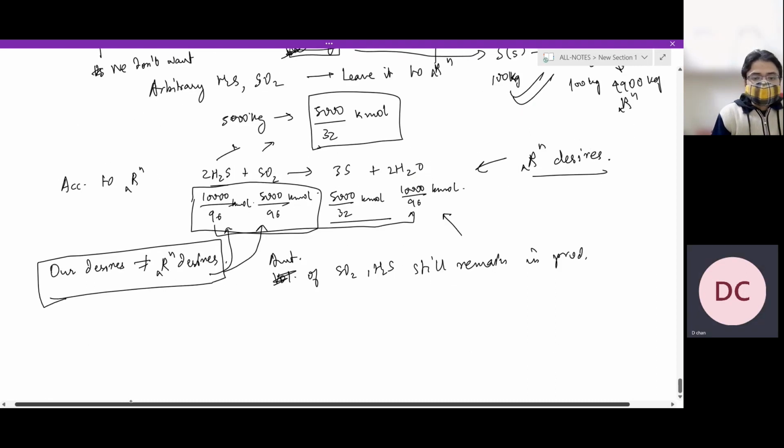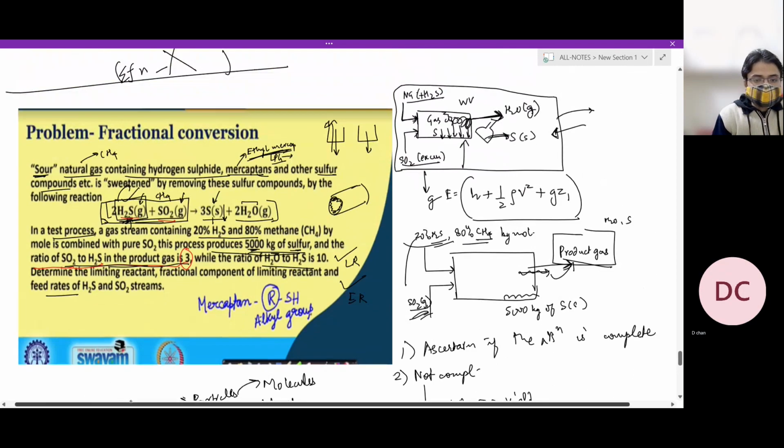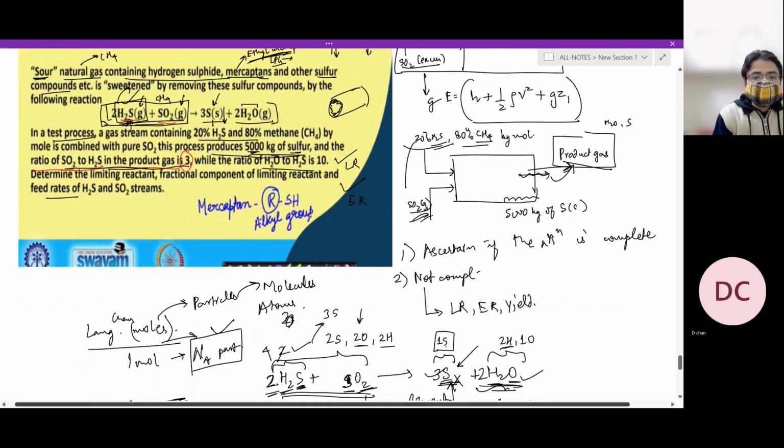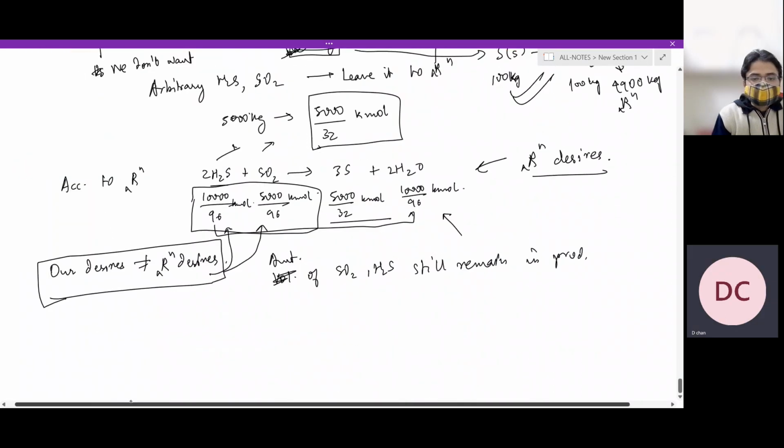And the ratio of H2O and H2S is 10. And H2O and H2S also remain.